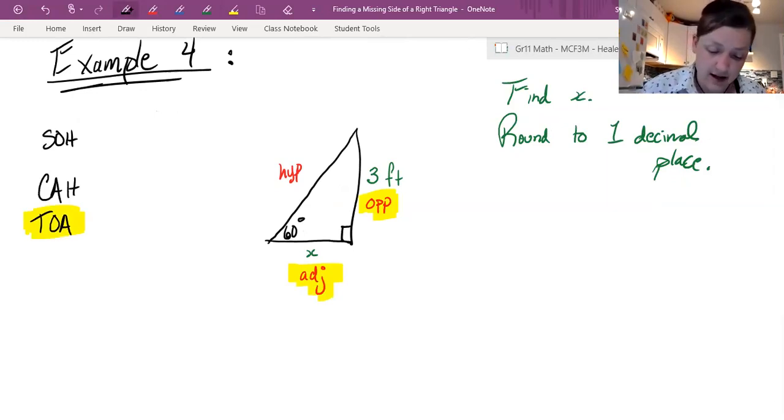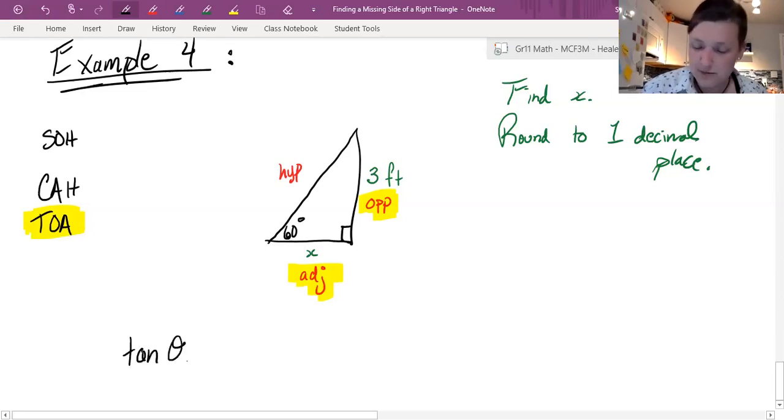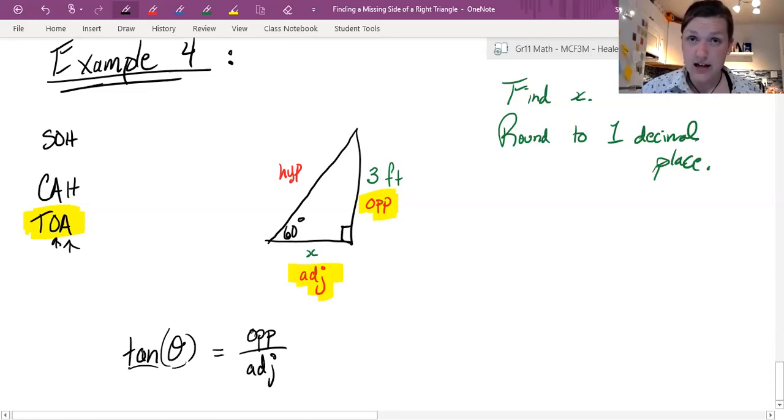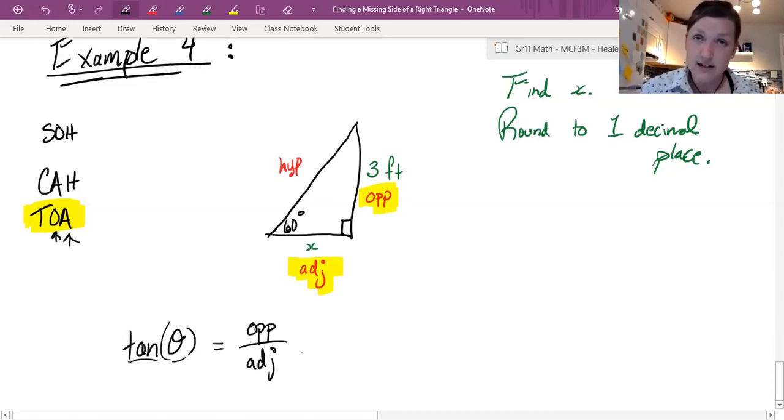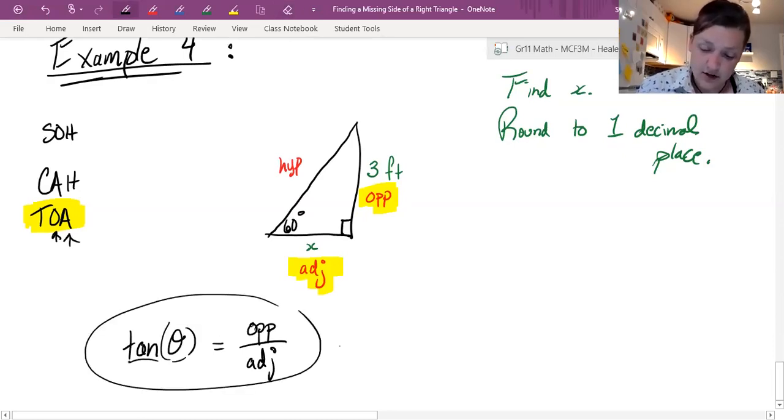So now, just to remember, I'm going to write down a general formula so I don't forget: tangent of an angle is equal to the opposite over the adjacent. This shows that when you put tan of a specific angle in your calculator, it gives you the ratio of the opposite side to the adjacent side for that angle. Now we fill in what we have.